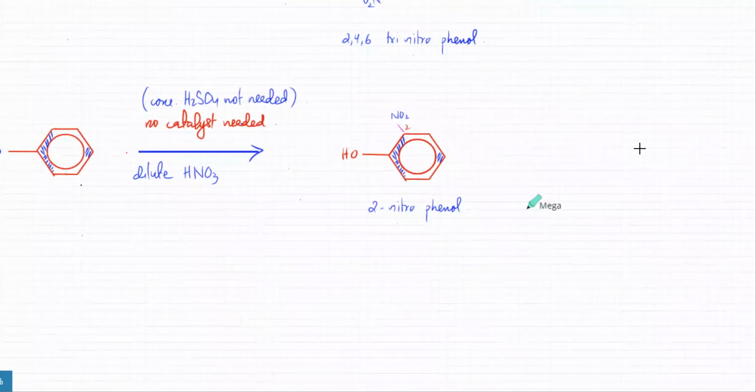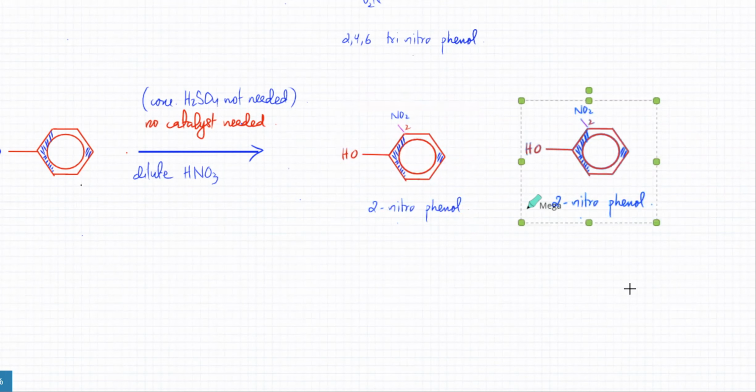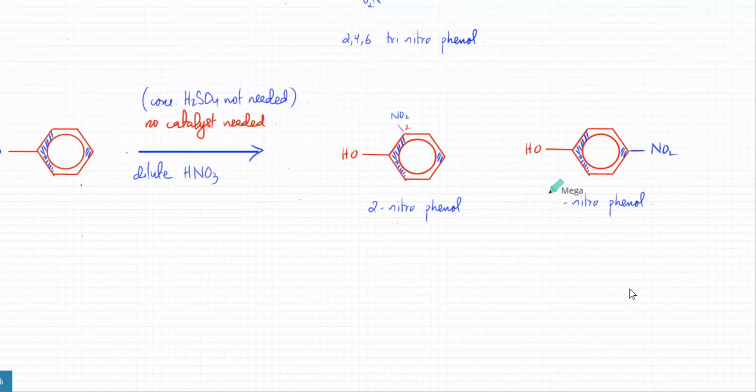And the other one is that it's going to get attached to position number 4 as well. So the NO2 will not be here, and instead it's going to be here. And this would be called 4-nitrophenol.